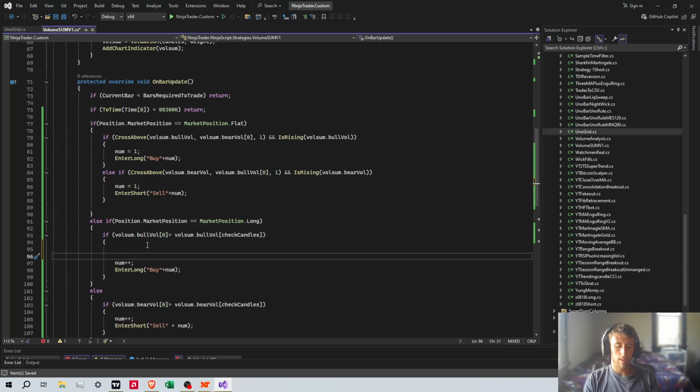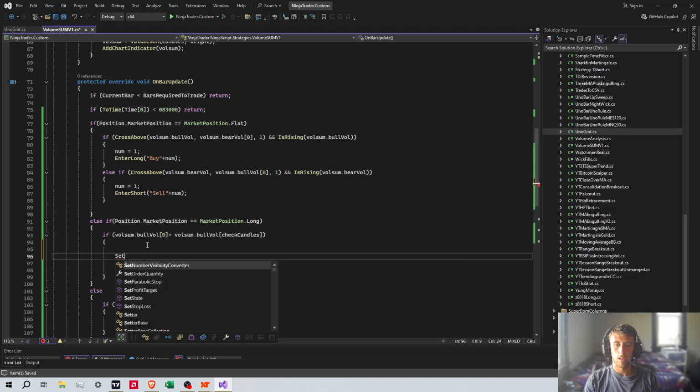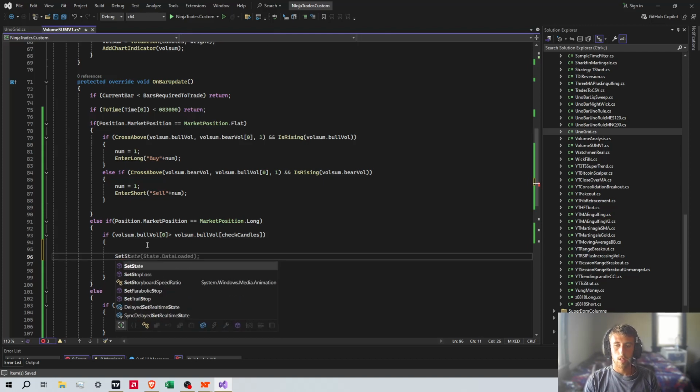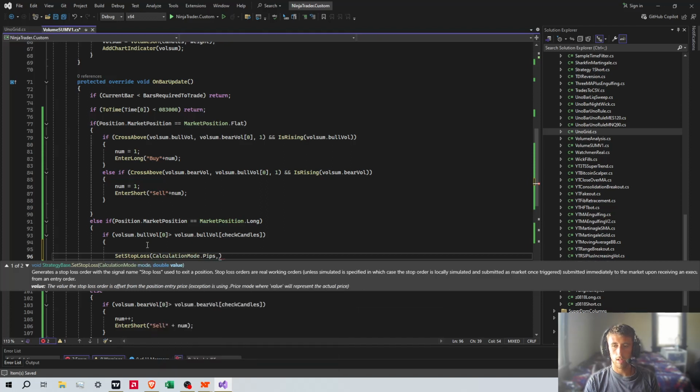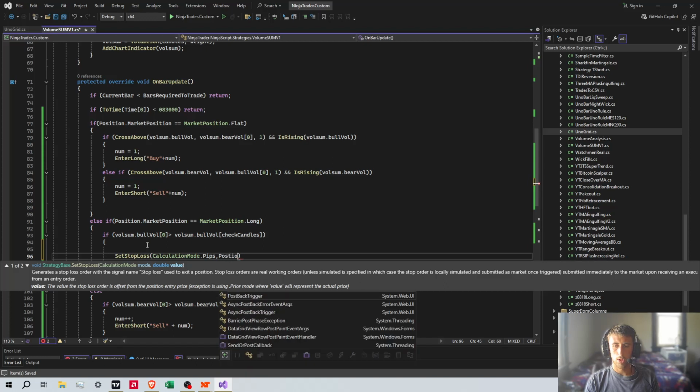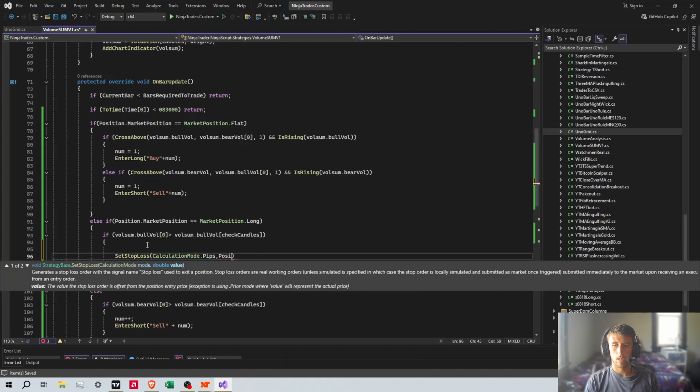So first what we need to do. What we could do is set stop loss, calculation mode dot price, and then the position dot average price.